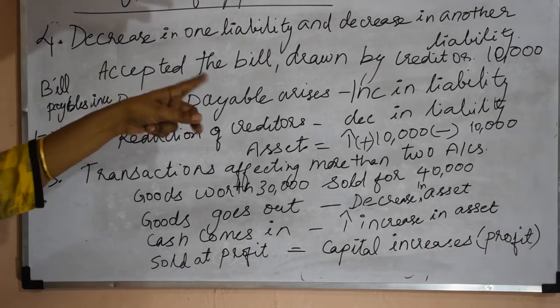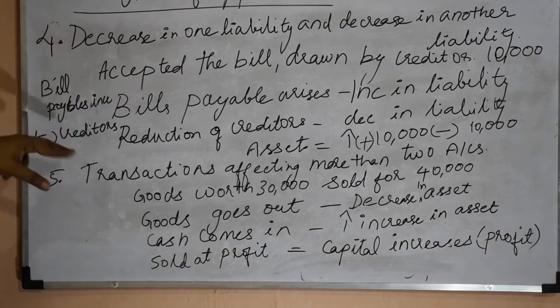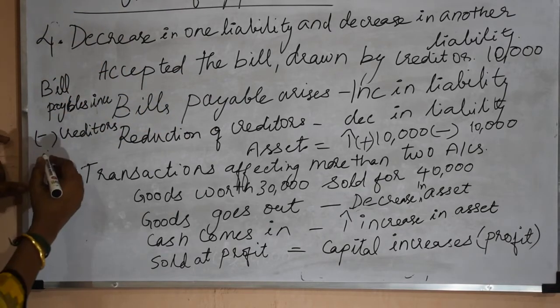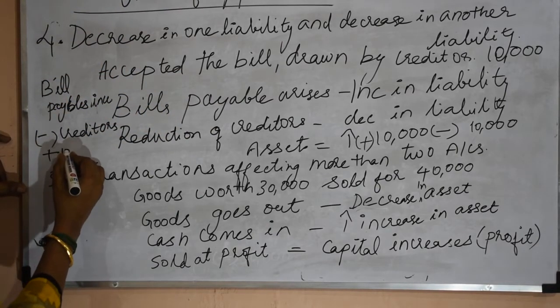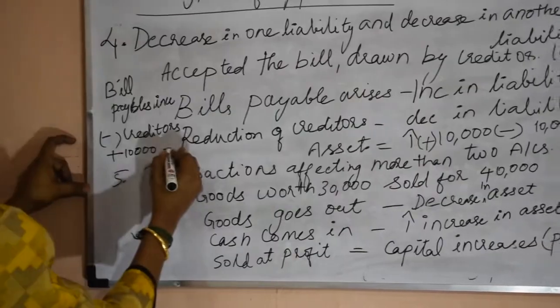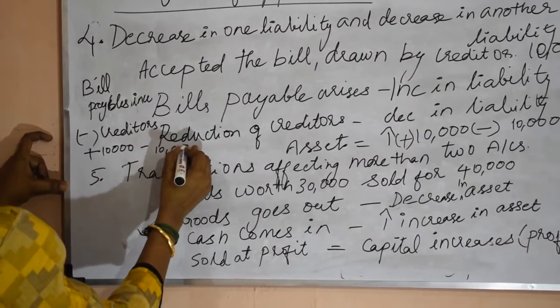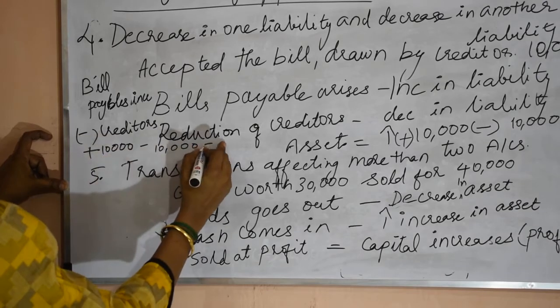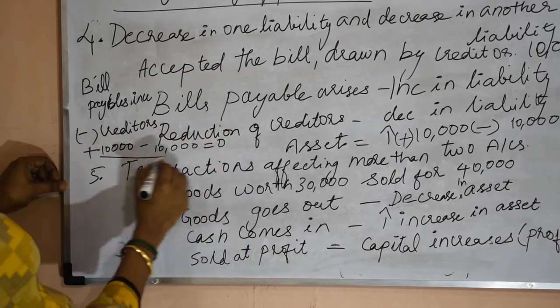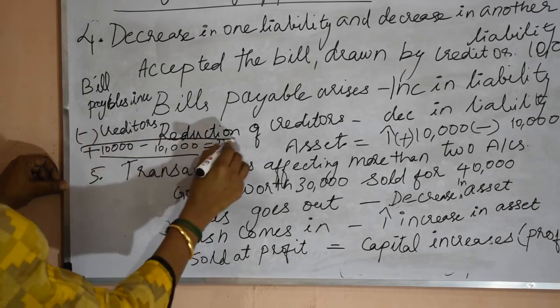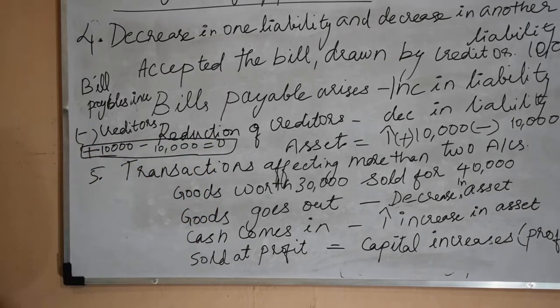So the 10,000 bill drawn by him will be reduced. Both things will be cancelled, that is plus 10,000 minus 10,000 will be cancelled. So nil balance will be there, zero will be there.